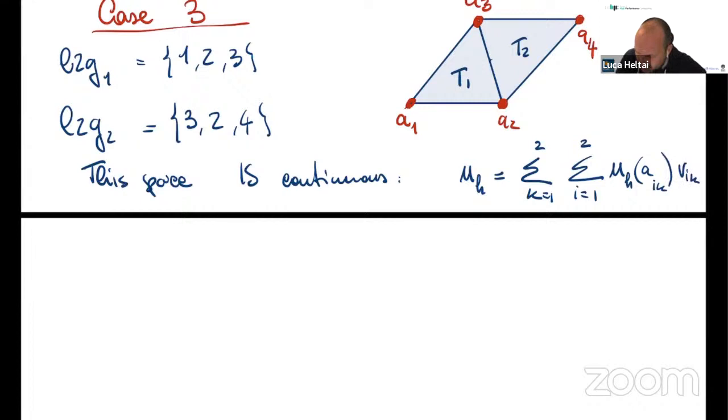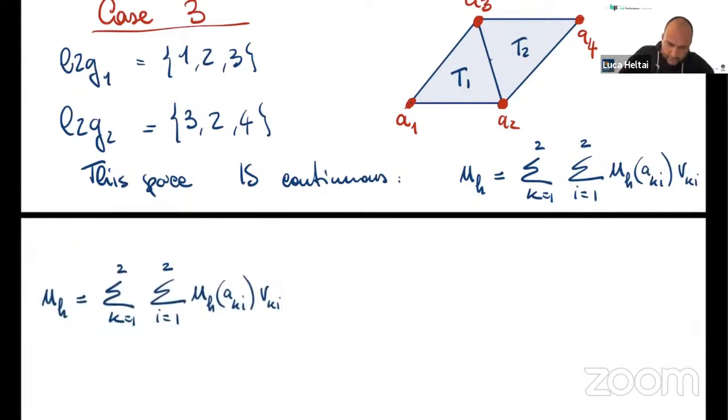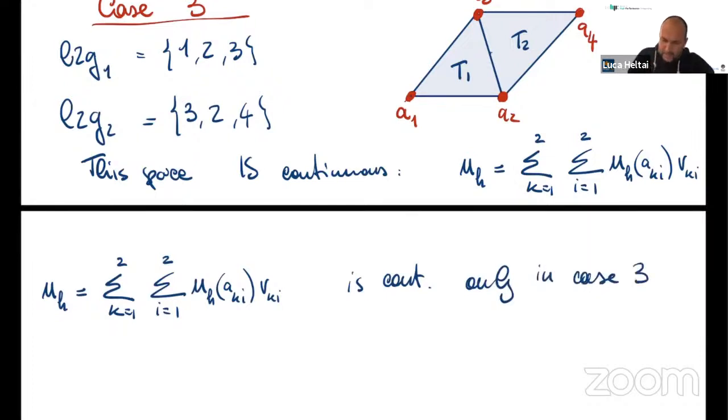So this is v_ki. Sorry, I always used v_ki. Okay. And now the question that I'm asking is: is this function continuous? Only in case 3. Okay.